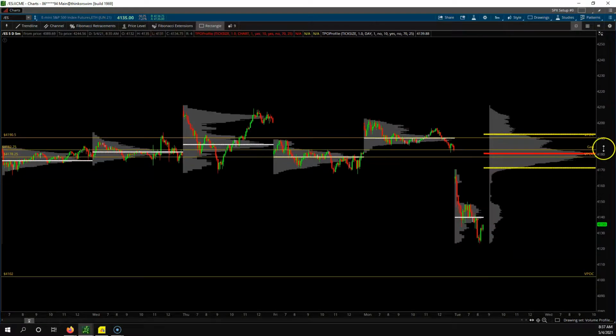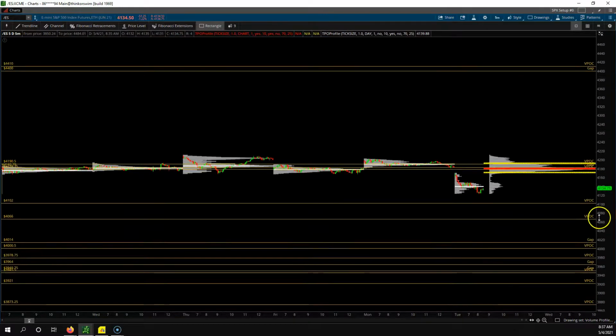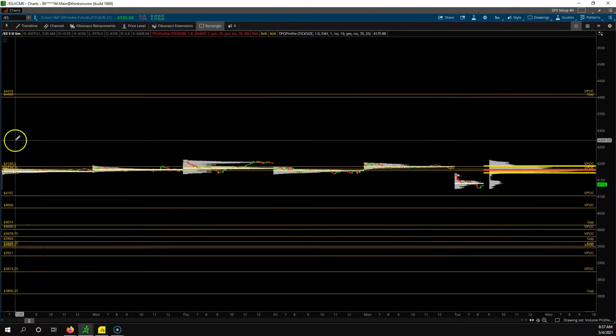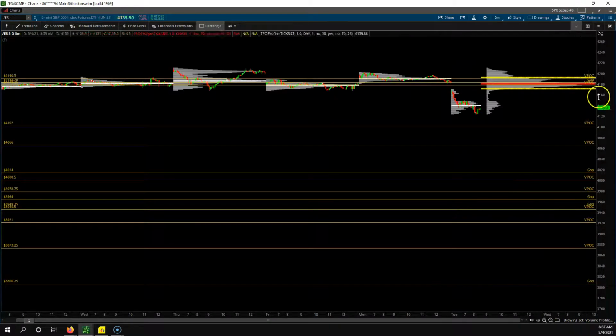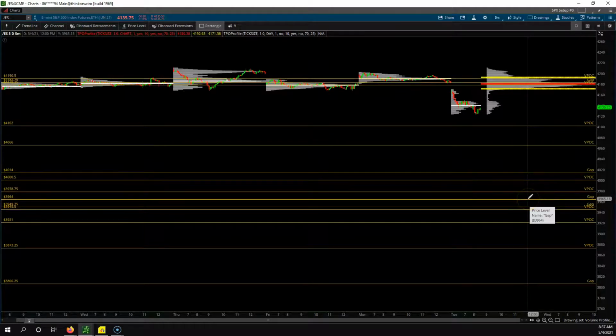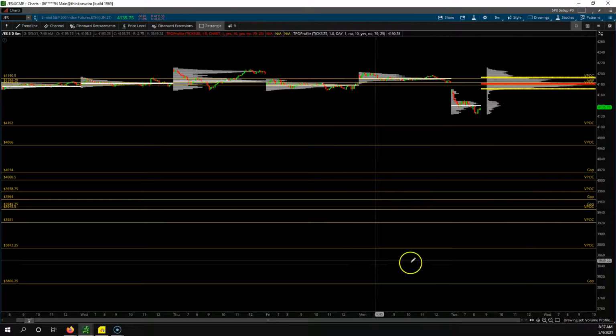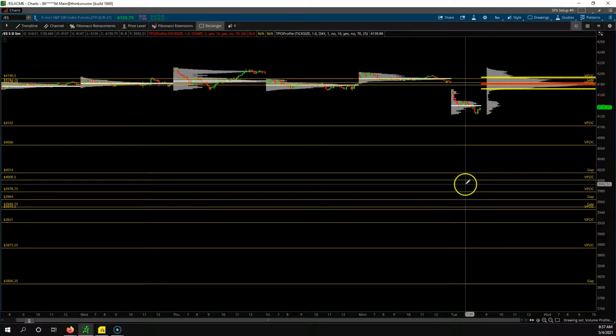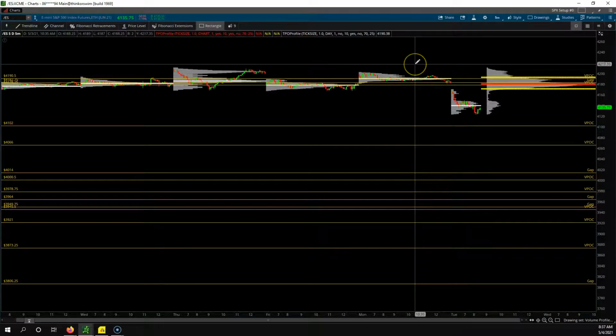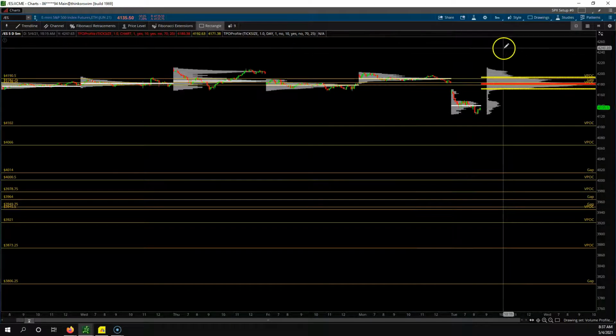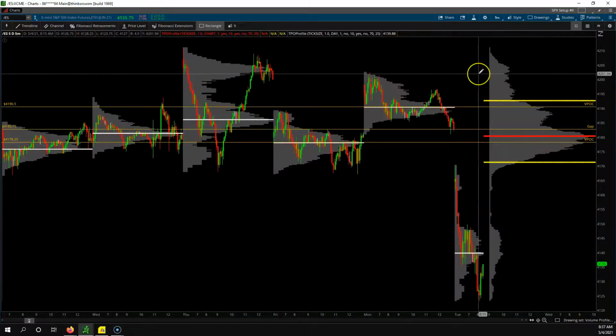And then market structure overall, you could look at, okay, what's going on down below or above the market? Is it good or poor market structure? When you see a lot of lines, a lot of gaps and VPOCs, that is poor market structure and not a very good thing for the market to keep rising.